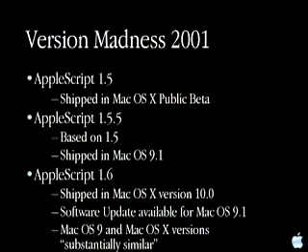A lot of people turned those off. That turned off all of scripting editions, and we fixed that in 1.6. So if you're having problems that your scripts don't run or your scripting editions aren't recognized in 1.5 in Mac OS 9.1, upgrade to AppleScript 1.6, and that'll fix it.